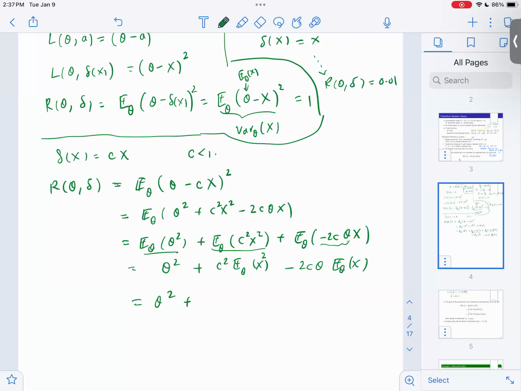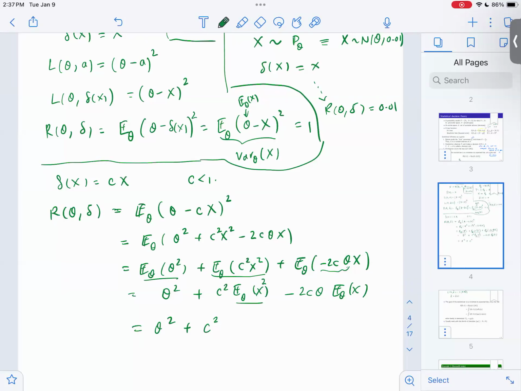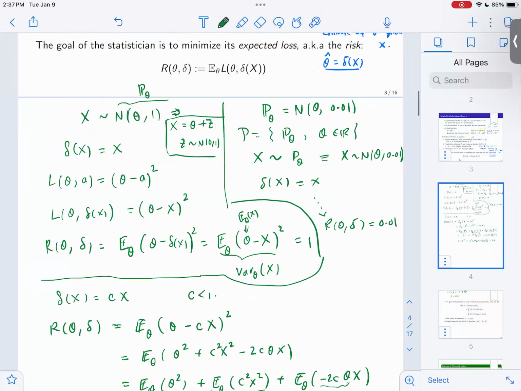So you get theta squared plus c squared. What is the expectation of x squared? Yes, variance, which doesn't depend on theta in this case, plus the expectation of x squared, which is theta squared. Minus 2c theta. What is the expectation of x? Theta, because we're under this model.